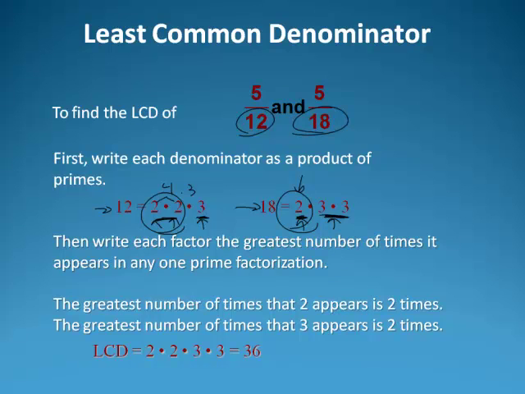The larger of those two is appearing twice, and so that's how many times it has to appear in the least common denominator, 2 times 2. 3 appears once here, but twice here, and you have to go with the largest number of times it appears. So because 3 appears twice here, it will also have to appear twice here. If you multiply all those values together, 2 times 2 times 3 times 3 is 36. That will be the least common denominator for 12 and 18.